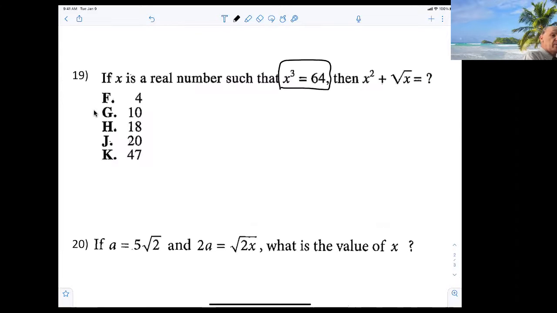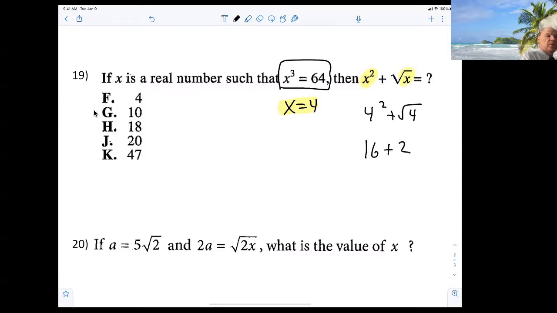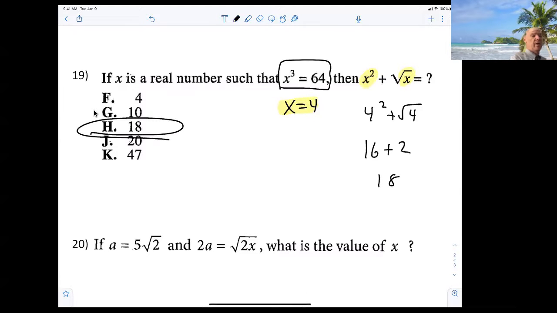So everybody underneath that, write X equals 4. Now that you know X equals 4, you can actually answer the question, because the question is just 4 squared plus the square root of 4. 16 plus 2, 18. All right. Again, if you know that, give yourself a nice little pat on the back.